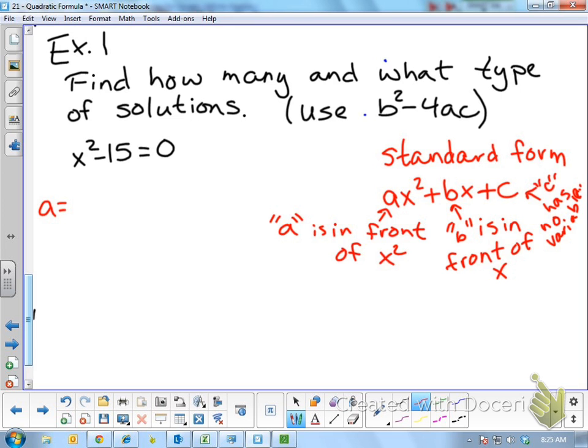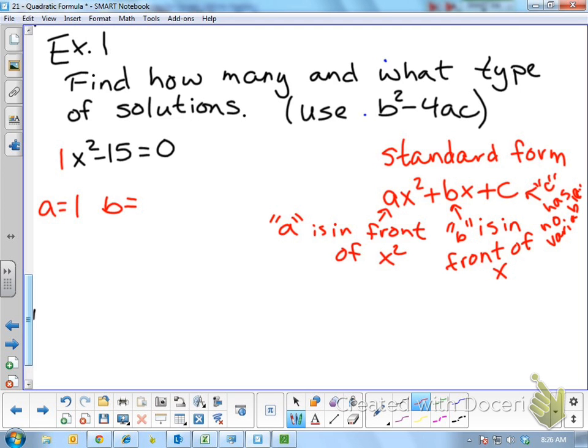We have the invisible 1, and there's no number written there. But b is missing. There's no x. What if it's missing? What do you think we should use when it's not there at all? There's nothing there. 0. Okay. 1 is usually one of our good invisible numbers.